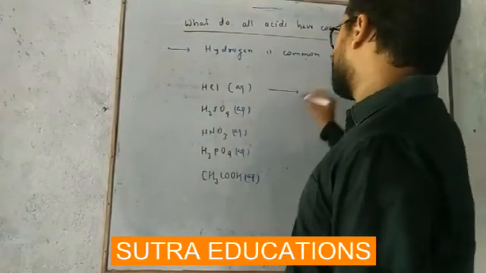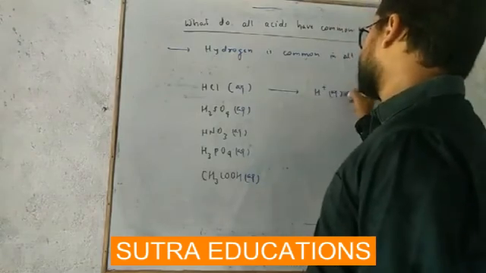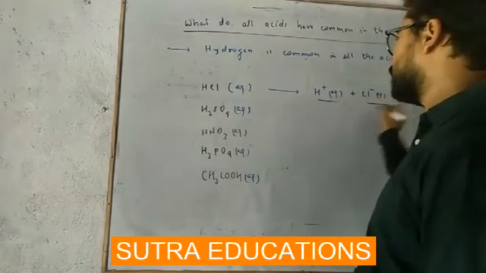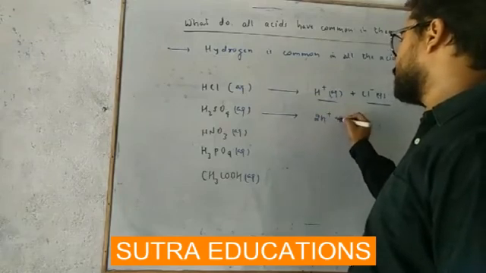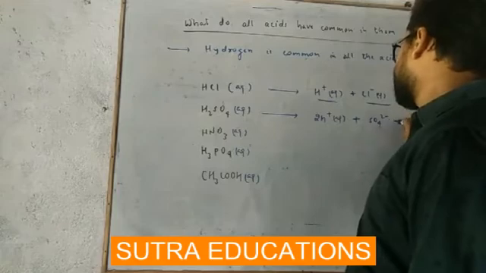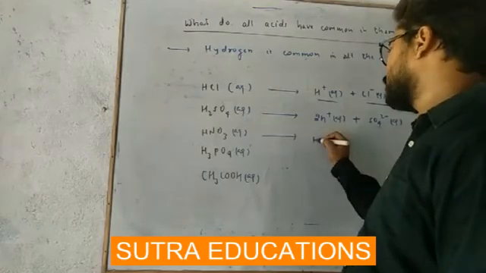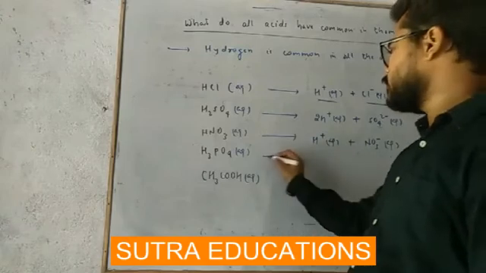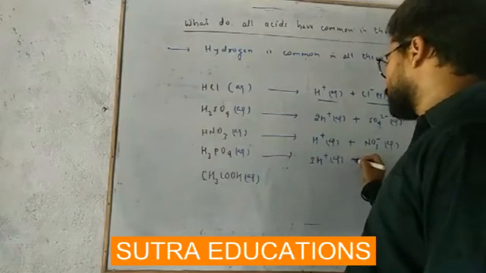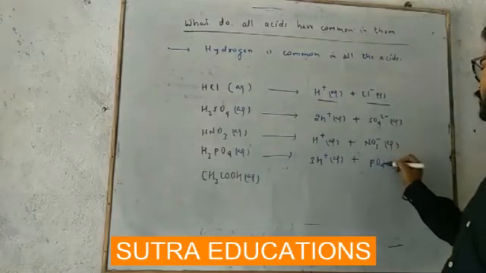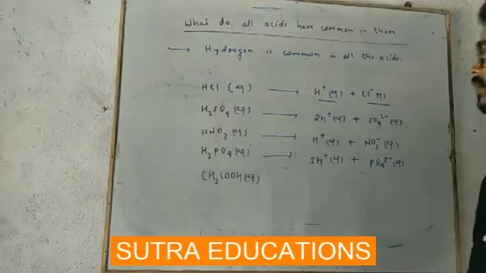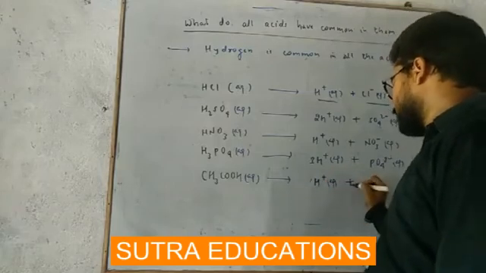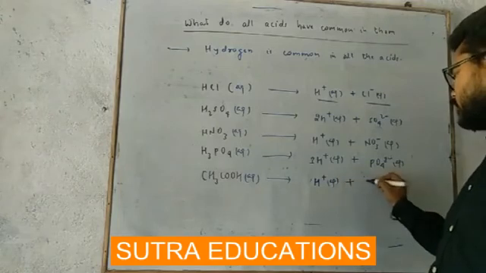So HCl produces H+ (aq) plus Cl- (aq). H2SO4 will produce 2H+ (aq) plus SO4 2- (aq). HNO3 will produce H+ (aq) plus NO3- (aq). H3PO4 will produce 3H+ (aq) plus PO4 3- (aq). CH3COOH will give H+ (aq) plus CH3COO- (aq).